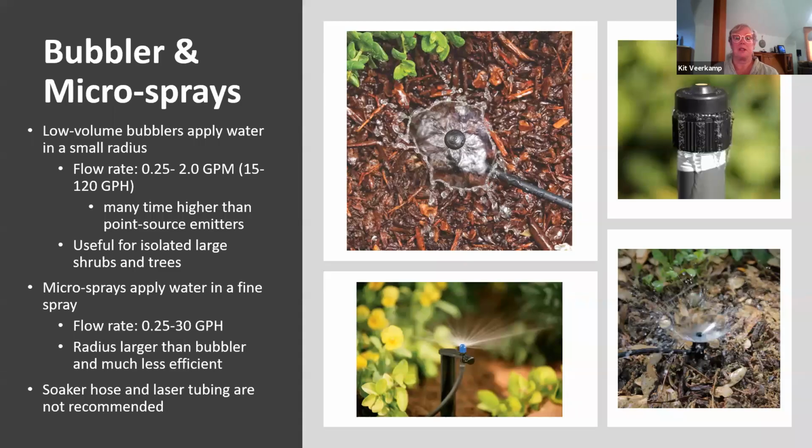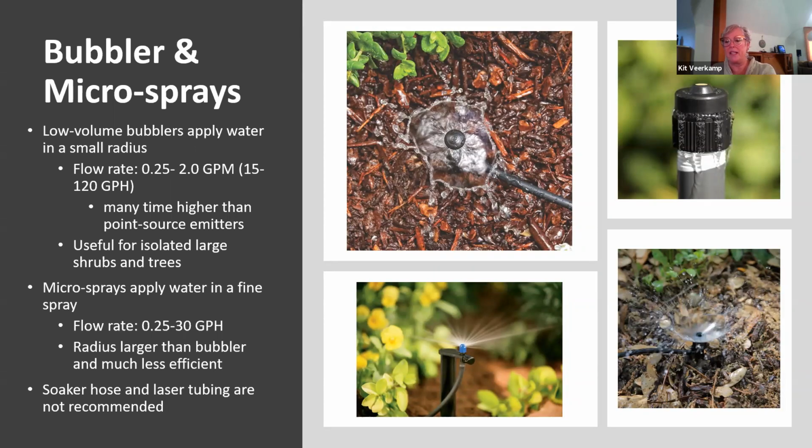Then you've got bubblers and microsprays, and there are places for those, especially if you have an isolated area where you've got, say, a long row of a particular planting. Sometimes a bubbler or a microspray might be an appropriate system to use. I still would suggest using dripper line in a spiral as opposed to using these. Again, because of more efficiency.